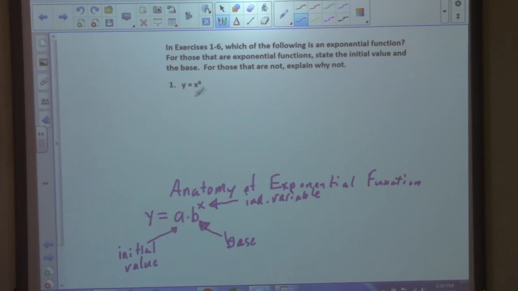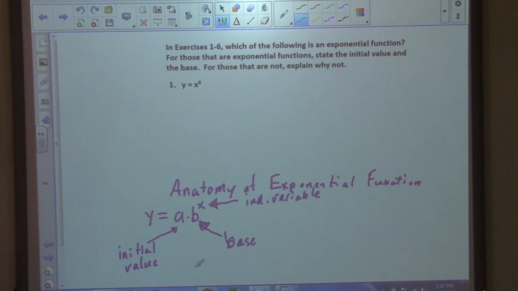Okay, Jana, exponential function or not? Yes or no? She says she doesn't know, okay? I'm going to try to give her leading questions. This x right here, it's y equals x to the power of 8. Is this x a base? And your 8 is your power, right?